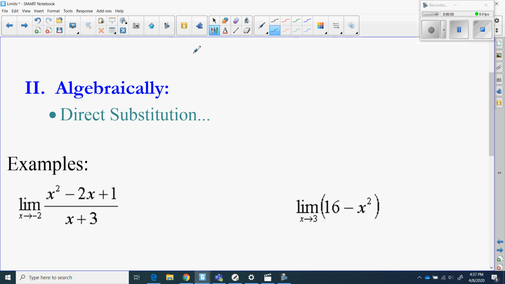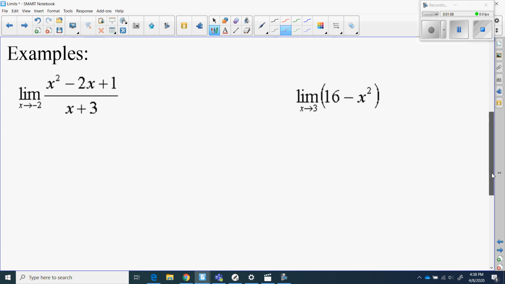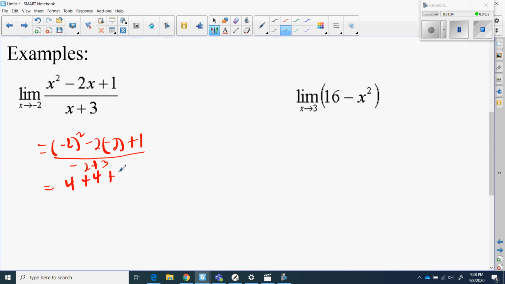However, if I was to substitute it in this example here, I would put an equal sign here, and if I put -2 in here, -2 squared minus 2 times -2 plus 1 divided by -2 plus 3, I would get 4 plus 4 plus 1 over 1, 9, and that would be the answer.